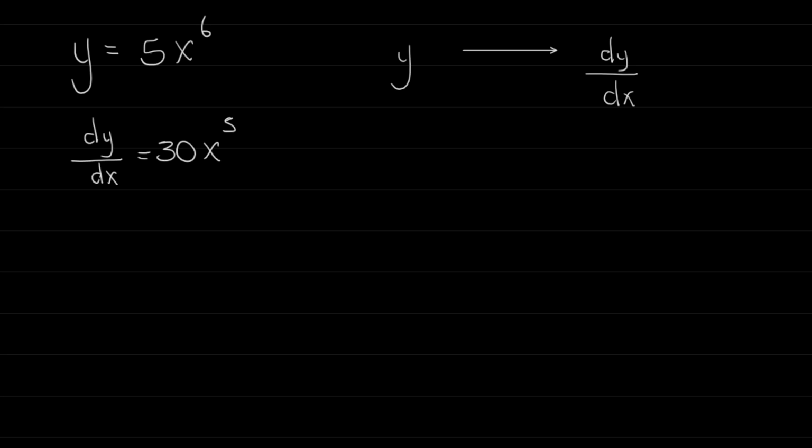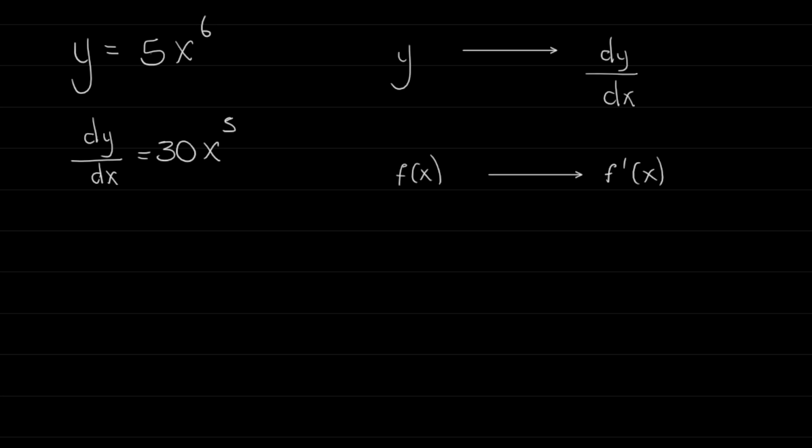And if you are given an equation again, I hope you know that f of x is also y, a function of x. So if you are given f of x, what is your derivative? Your differentiation should look like f prime x.